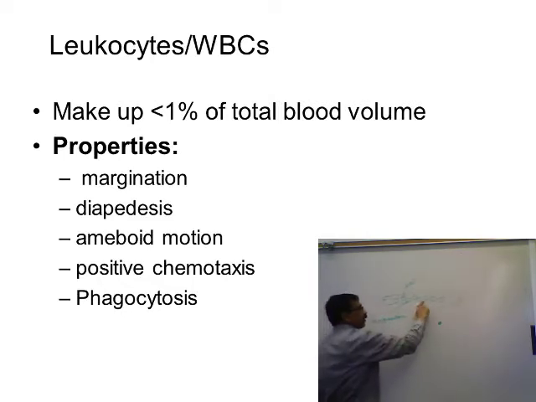Then what happens next? In the wall of capillaries and venules, particularly small veins, you have many holes or pores. So the white blood cell will get out through those tiny holes. And the size of the white blood cell is bigger than those holes or pores.